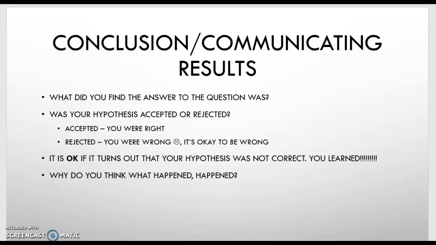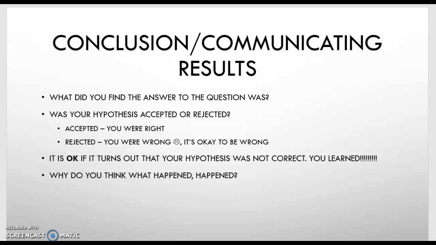And if you accept your hypothesis, right, you accept your hypothesis when your hypothesis was correct, when it was right. Your if-then statement matches your results. You reject your hypothesis if you were wrong, right? And guess what? In science, it's okay to be wrong.